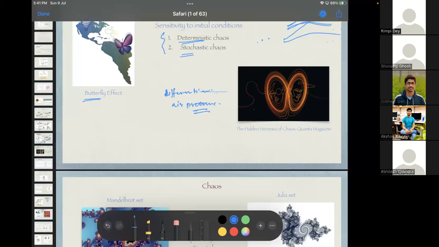Because even at small decimal places, like the 15th or 16th decimal place, if you change one decimal, let's say 0.0000001, in one air pressure, and another air pressure, let's say 0.00001, or 101, let's say.